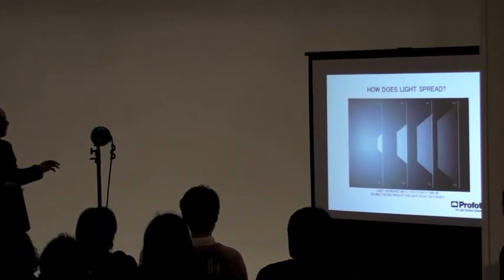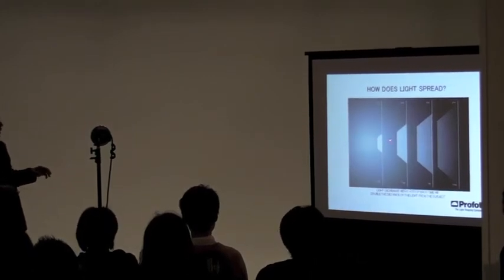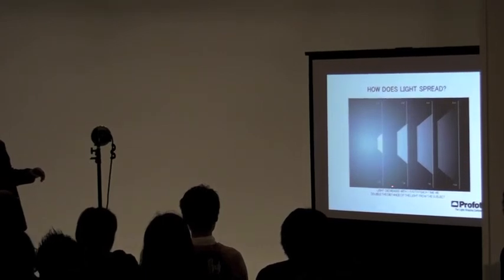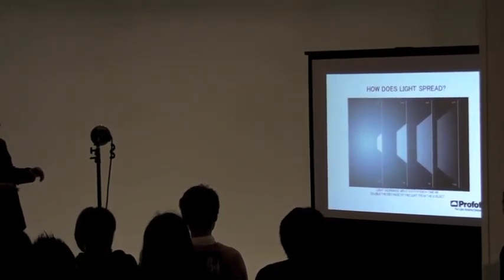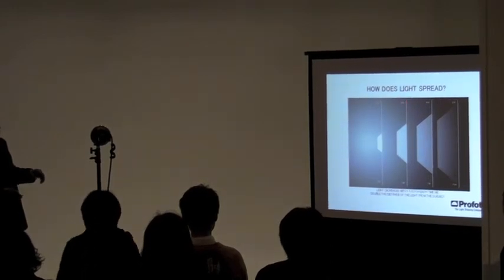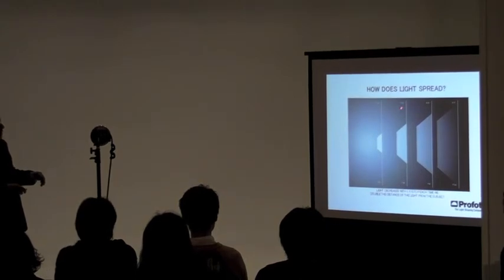So basically, if you have a light source here and the subject at 1 meter, if at 1 meter you have an f-stop of f22, if you double that distance from 1 meter to 2 meters, then you will lose an f-stop. If you double that distance to 4 meters, then you lose one more f-stop, and so on.